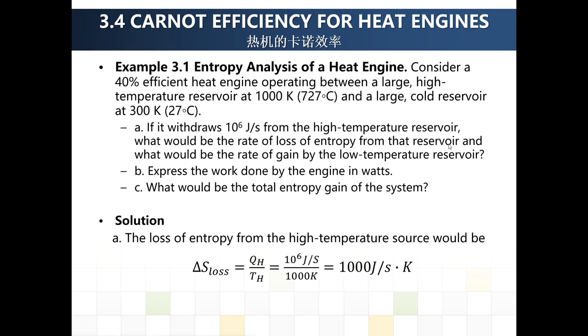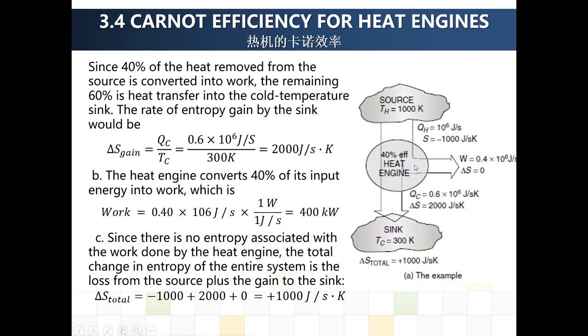Now the gain of entropy by the low temperature reservoir will be equal to QC divided by TC. Since 40% of the energy is used for work, the QC will be 0.6 multiplied by 10 to the power 6.